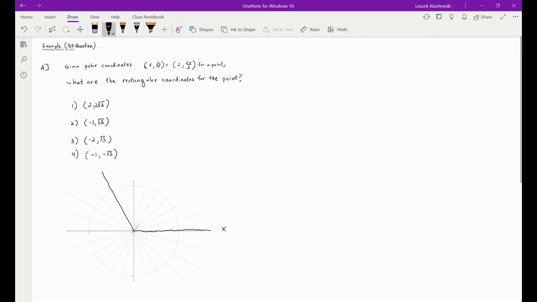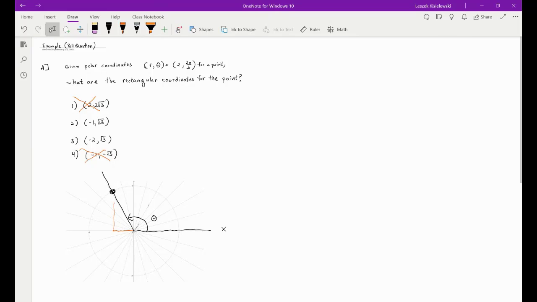So here's the first third, the second third. So that's some angle which would give us a point in the second quadrant. So that clearly eliminates some answer choices, right? Because in the second quadrant, x has to be negative and y has to be positive. So that right away eliminates a couple of the answer choices.